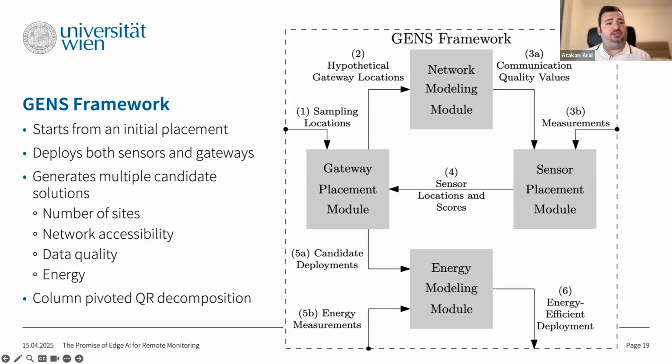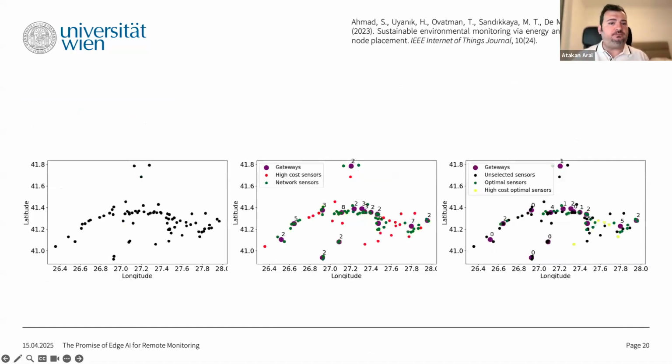So we start with an initial deployment, we deploy sensors and gateways, and then evaluate their impact in terms of energy, network communication, data quality, etc. And then use the column pivoted QR decomposition technique to improve the deployment strategy and propose new places for sensors and gateways.